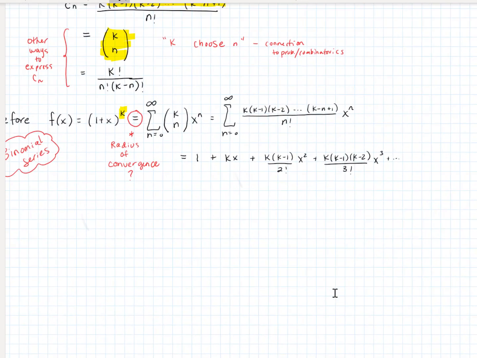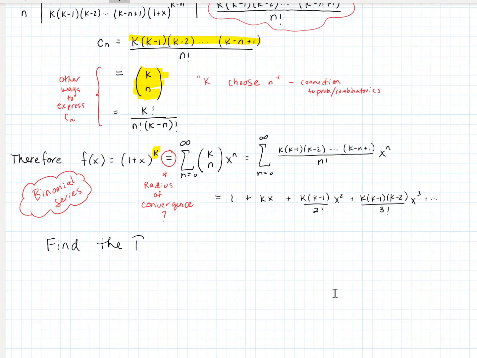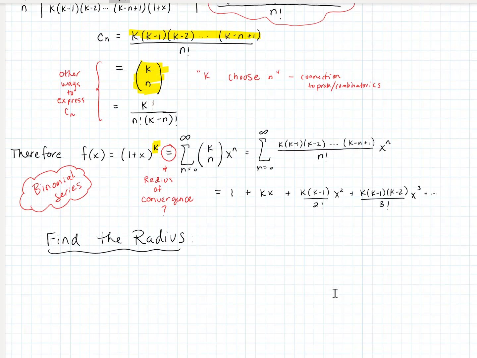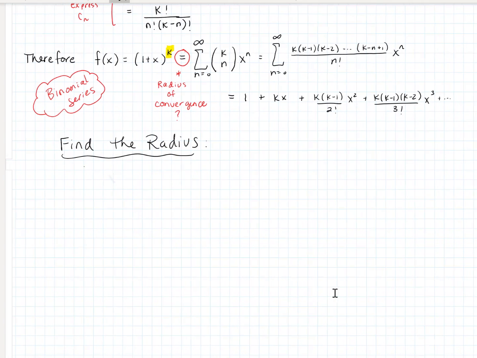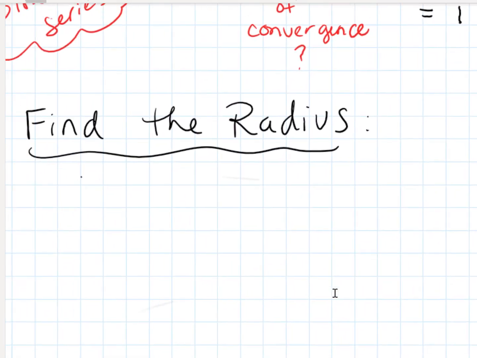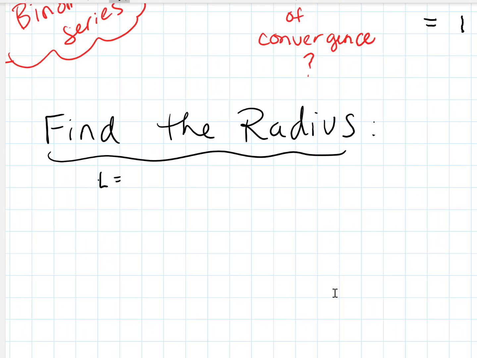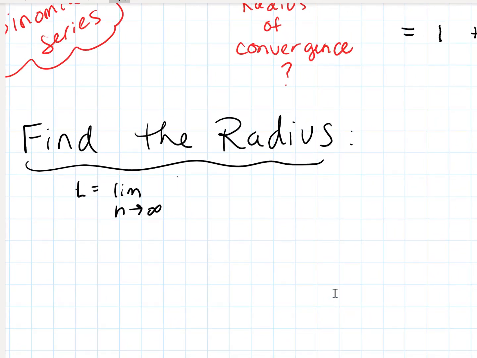So let's find the radius. Let's get in here and actually do a ratio test. So let's take L, I'm going to zoom in a little bit here, equal to the limit as n approaches infinity of the ratio of the powers of the n plus 1 term.